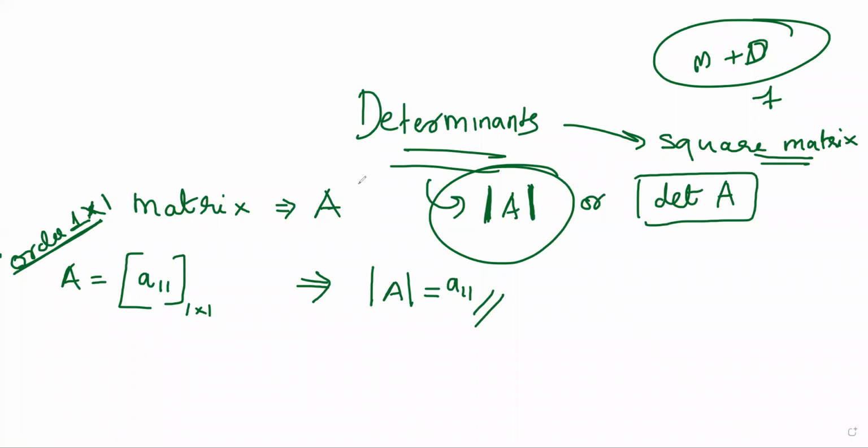Next thing. If it is a square matrix of order 2, that means a 2 by 2 matrix, and I have a matrix A as A11, A12, A21, A22, how to find its determinant?